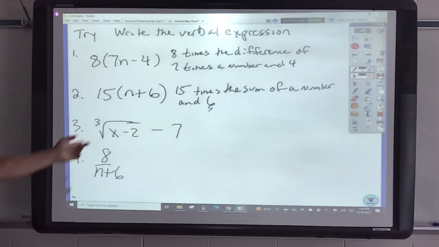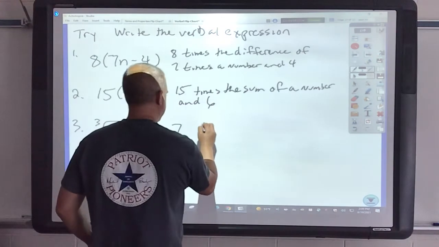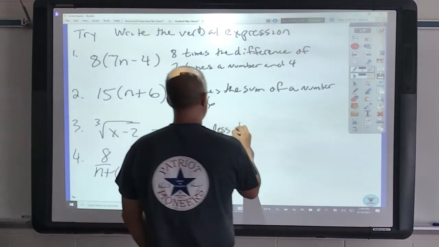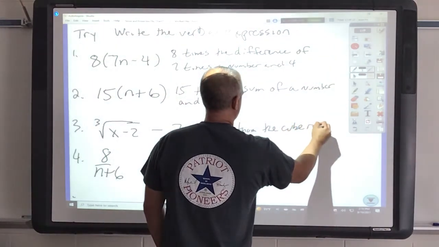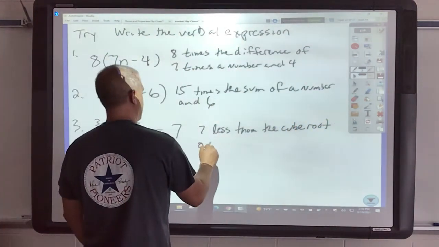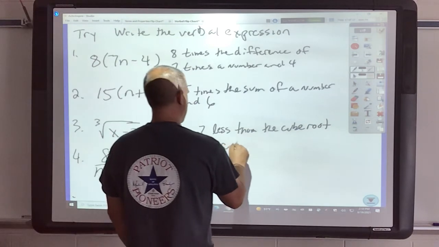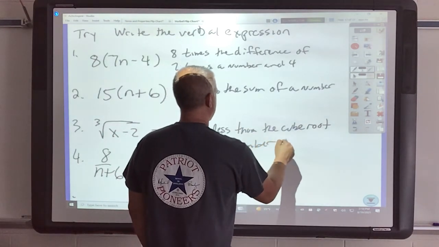This one, I'm going to flip around with the minus. I'm going to say 7 less than the cube root of a number minus 2.